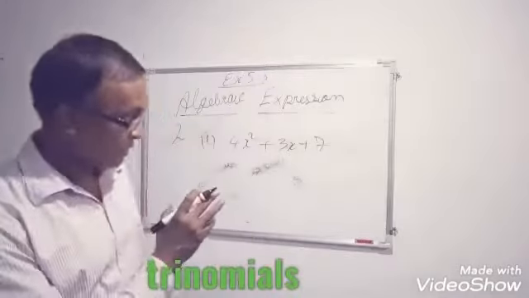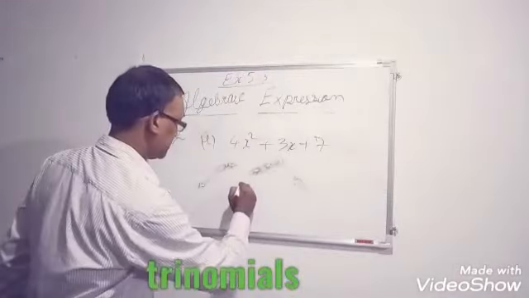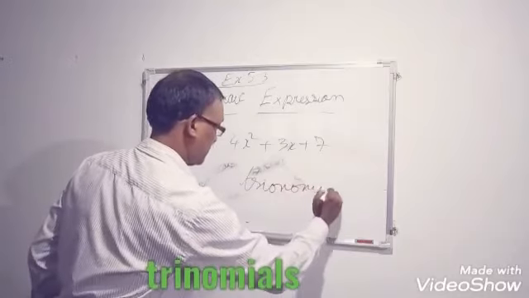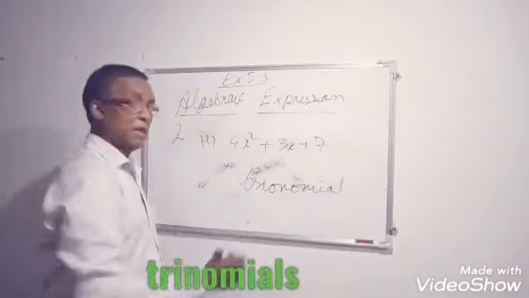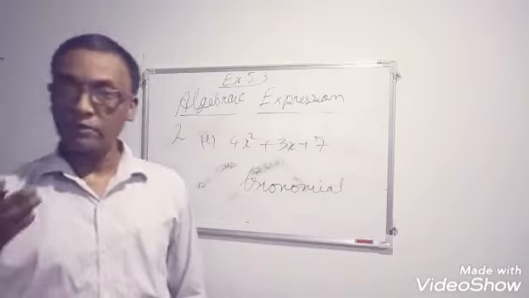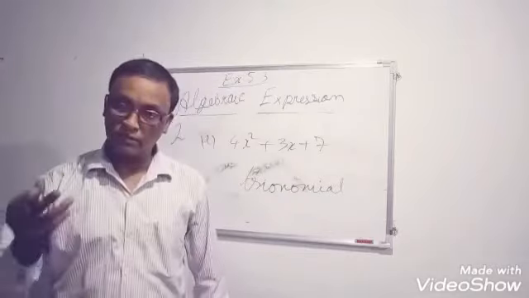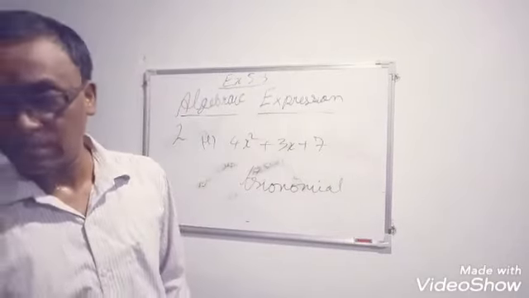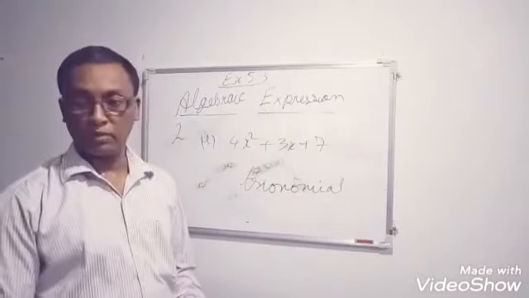So if it is 3 terms, it is a trinomial. If you see question number B also there are 3 terms, so it is trinomial. Question number C, 2 terms are there, so it is binomial.